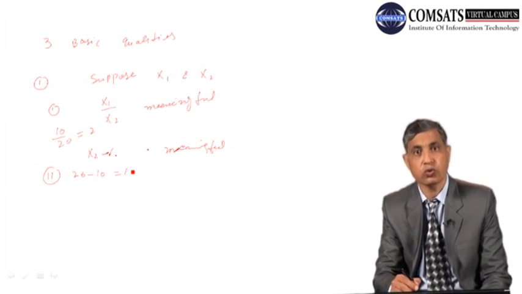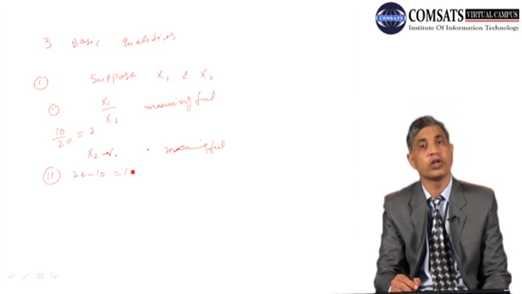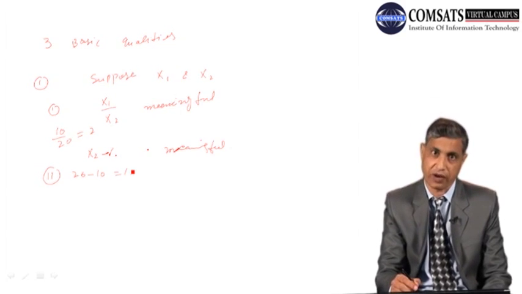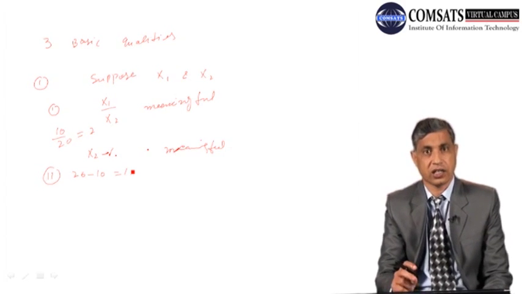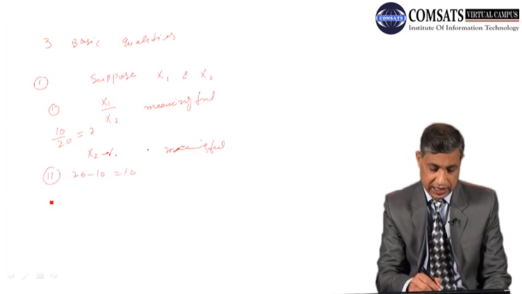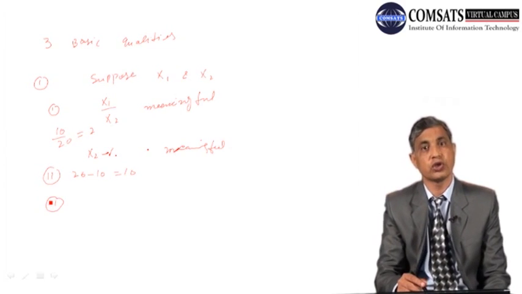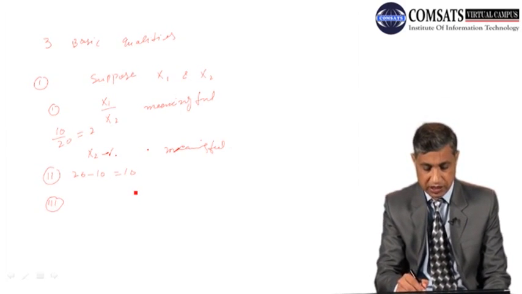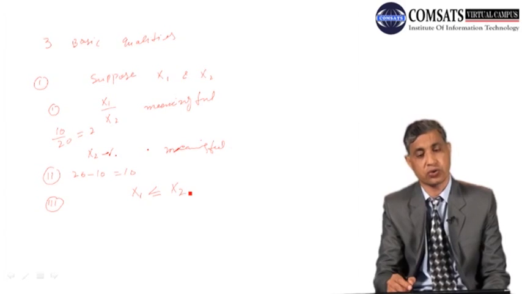If I stick to the previous example, I can say that the difference between the GDP in the 2 years is 10 million, billion, trillion, whatsoever. So the second condition is that the difference of these two values should be meaningful. The third condition is that these two values should be arranged, so what does this mean? That x1 should be less than or equal to x2.